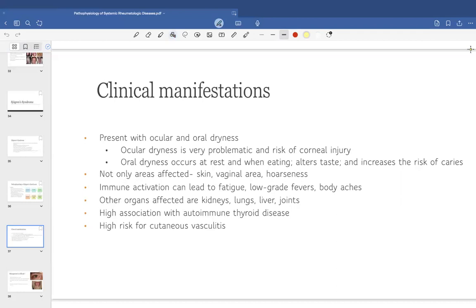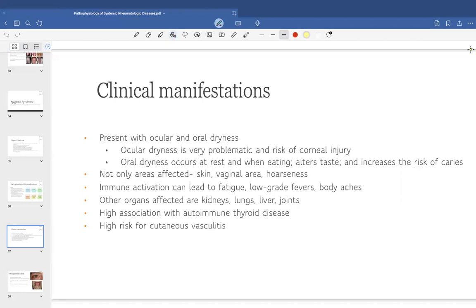So it can also present as a kind of non-specific finding. Other organs can be affected with Sjogren's, including the kidney, liver, lung, and joints. And so again, here's where if the joints are affected, how do you differentiate it? And so you're going to be running your whole panel of tests.